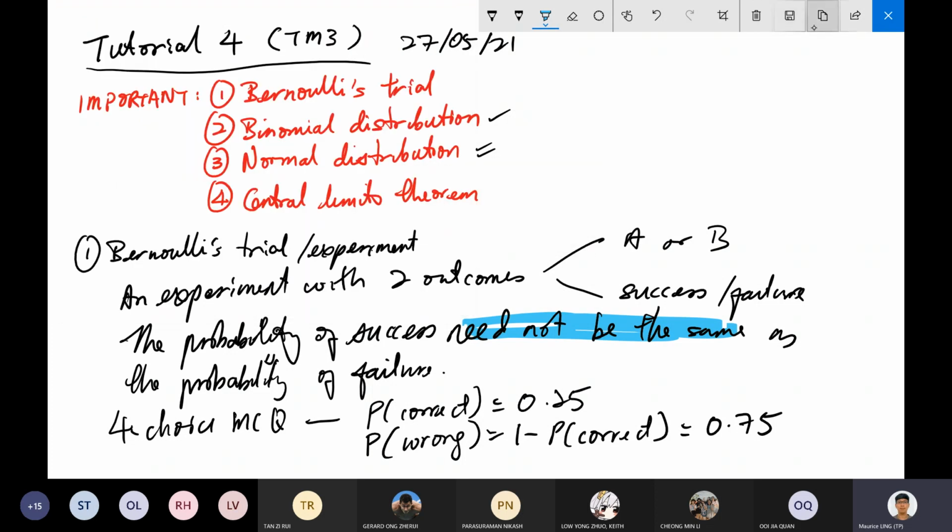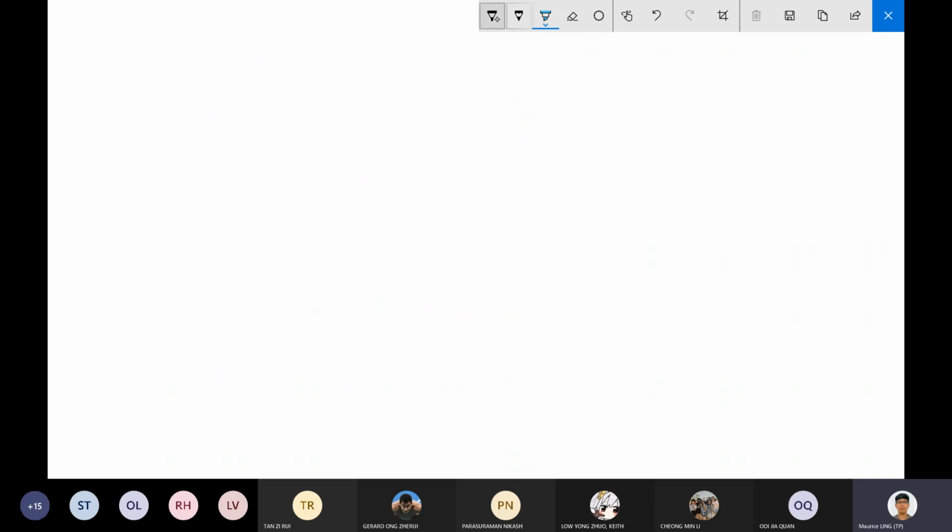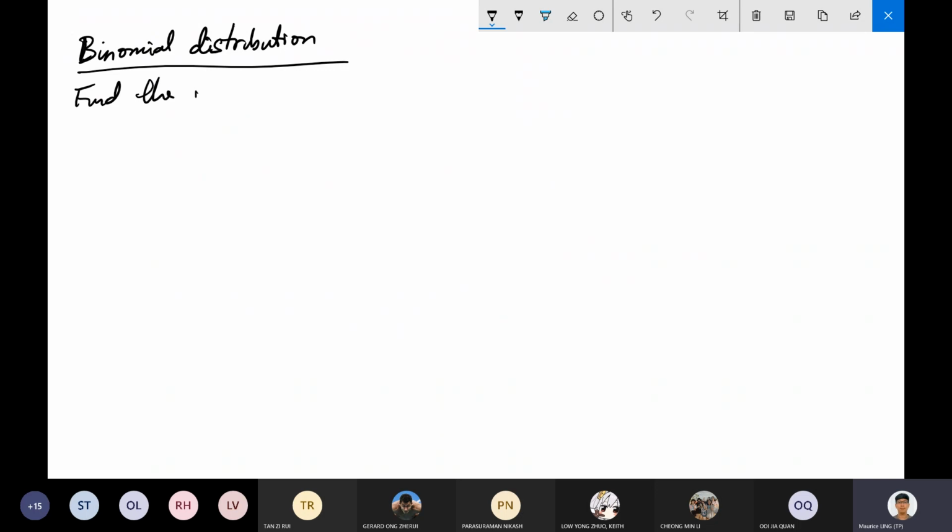We have also talked about normal distribution in the lab itself. Binomial distribution. Binomial distribution is for us to find the probability of exactly an event happening.